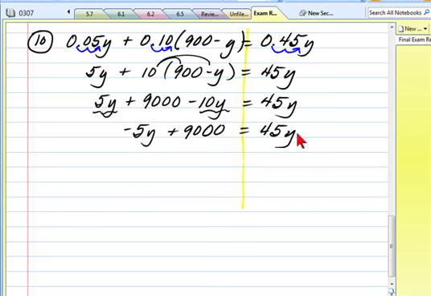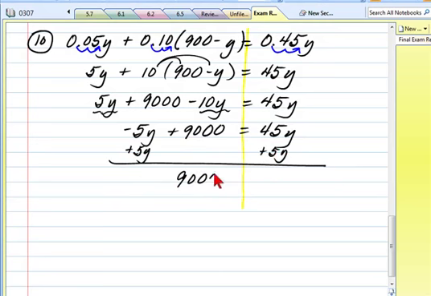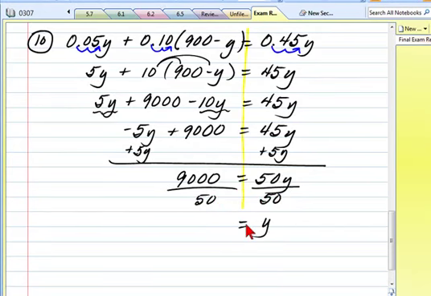Since I want variables to get together and leave constants to the other side, my choice, and it is just a choice, is to add 5y to both sides. That's going to give me 9,000 is equal to 50y. Last step, divide by 50, and y is equal to how much? 180.